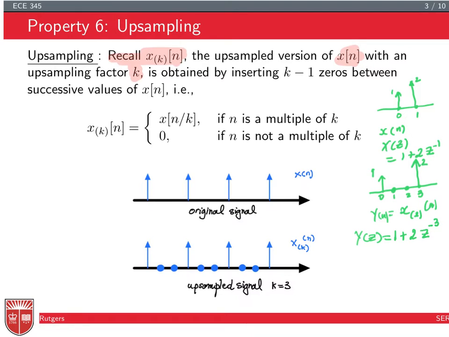One way to see it: if we had another pulse here, let's say at 2, let's suppose it's 10, here I would have plus 10z minus 2, and here I would have to have, if you count 3, 4, 5, and 6, you're going to have 10 here. So plus 10z minus 6 also.